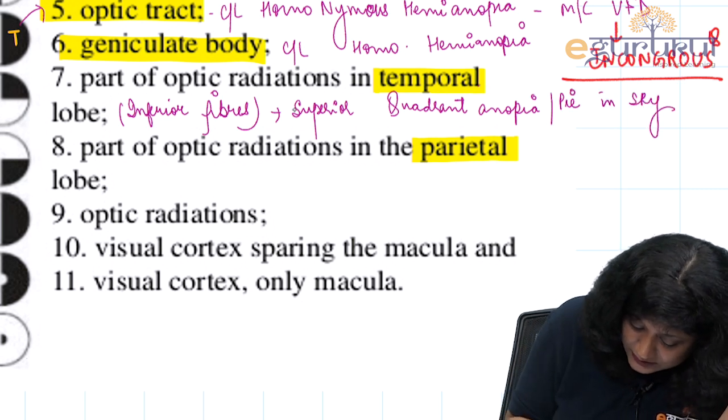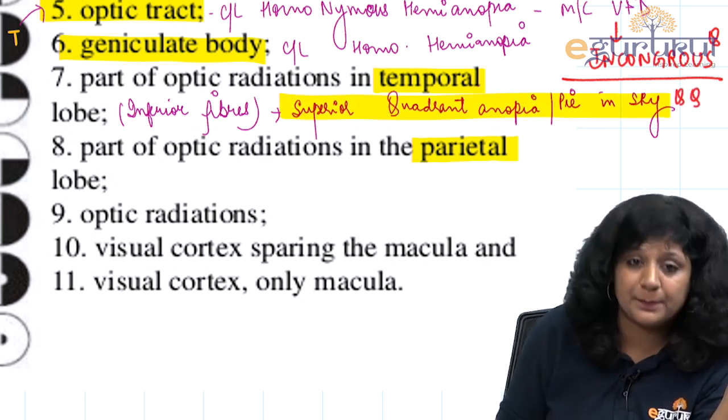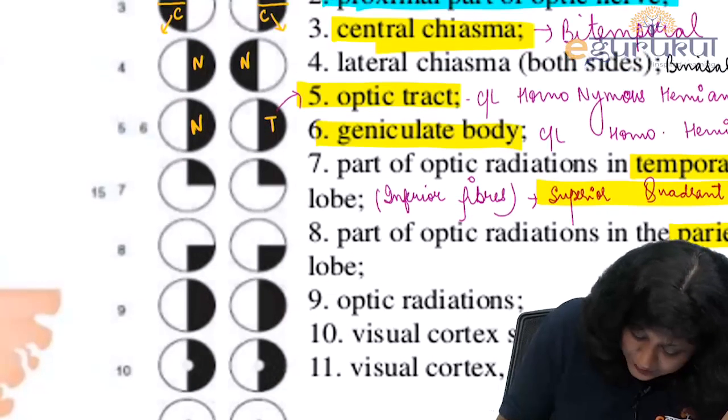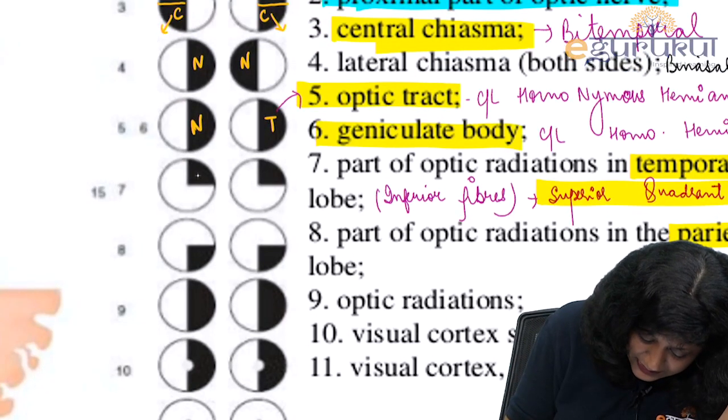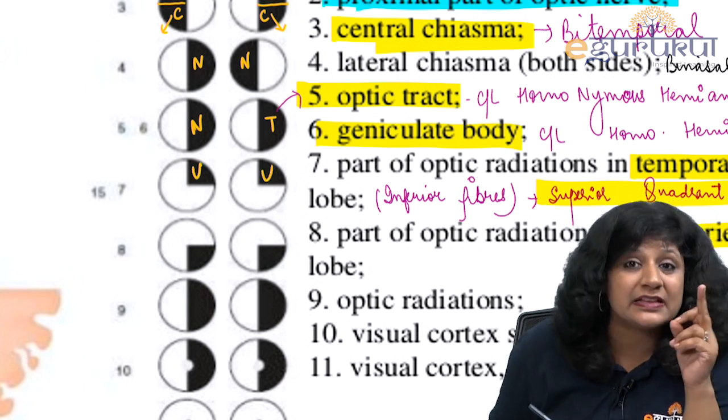Very important. So look at this. I have got both sides, the upper part here and the upper part here. So this is your pie in the sky appearance.